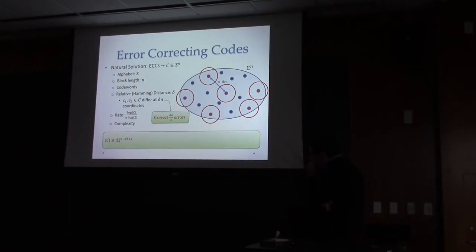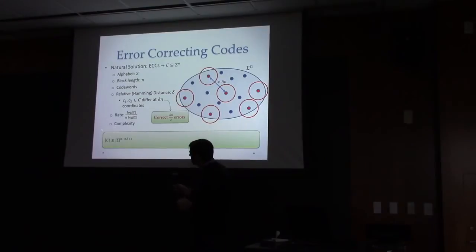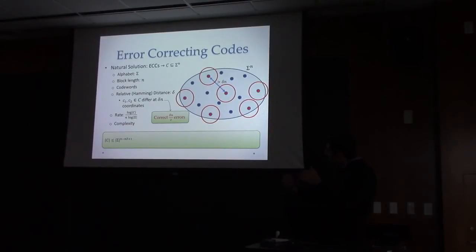This is probably the last thing I'm going to say about error correcting codes, and it's a very simple observation, which says the size of C should be smaller than this thing. Can anyone see why? All the members of C are supposed to be n times delta far apart from each other.